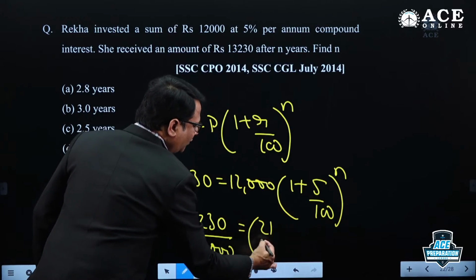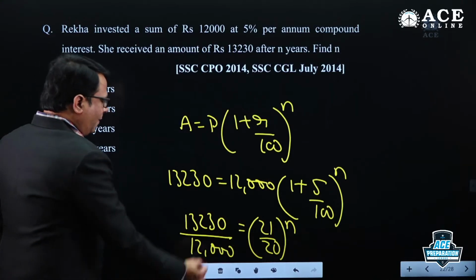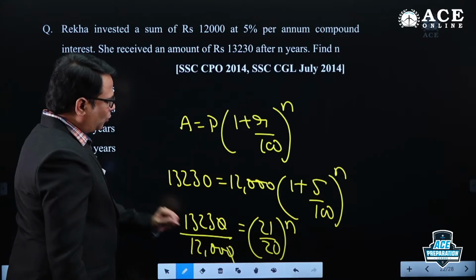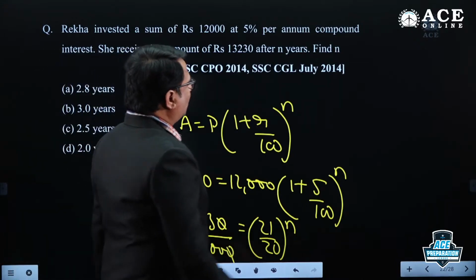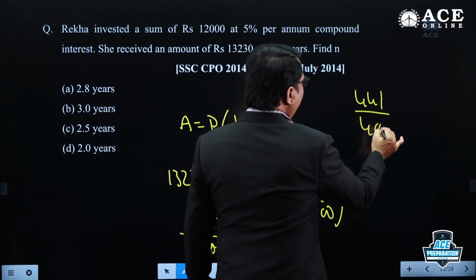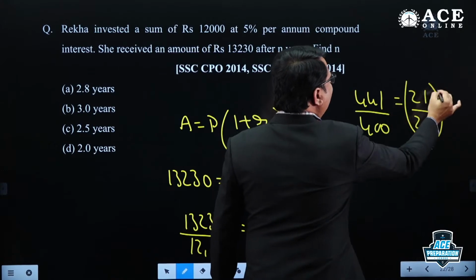105 by 100 I can write as 21 by 20 whole to the power of n. Now this 0 and this 0 will get cancelled. 1323 by 1200, if you simplify, you will get 441 by 400 equal to 21 by 20 whole to the power of n.